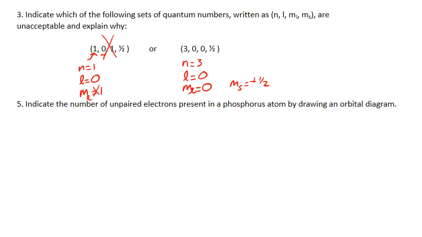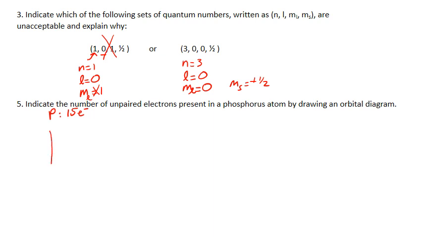Number 5 says, indicate the number of unpaired electrons present in a phosphorus atom by drawing an orbital diagram. Well, I'd have to look at the periodic table and see that a phosphorus atom has, I believe it's 15 electrons. Yeah, that's right, 15 electrons.